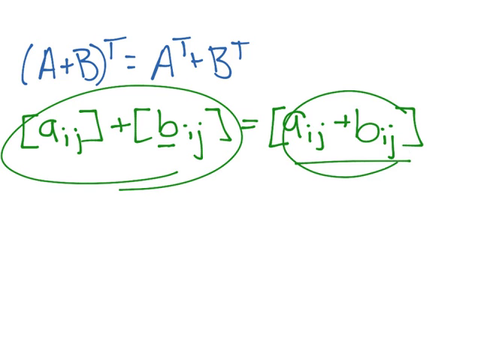So here, as you may recall, whatever is inside the brackets represents each one of the entries, but only one entry itself. And so this tells you that each entry is going to be the addition of the corresponding entries of A and B.